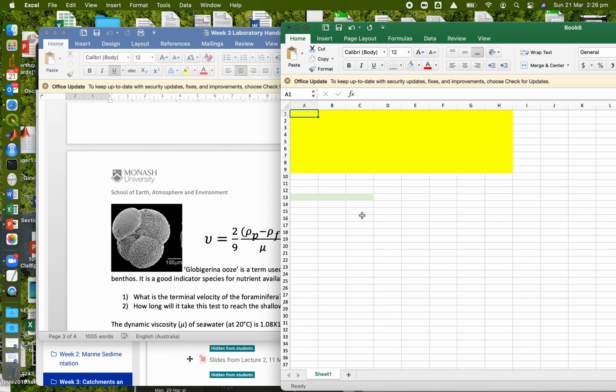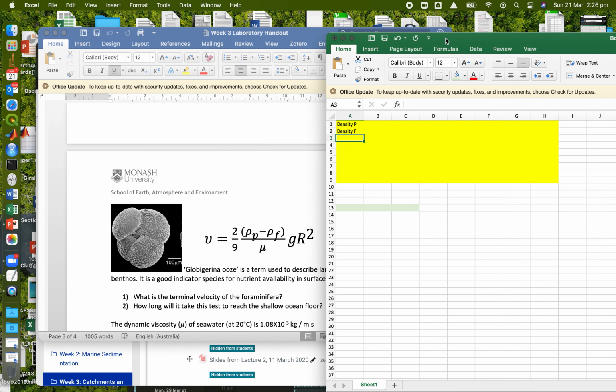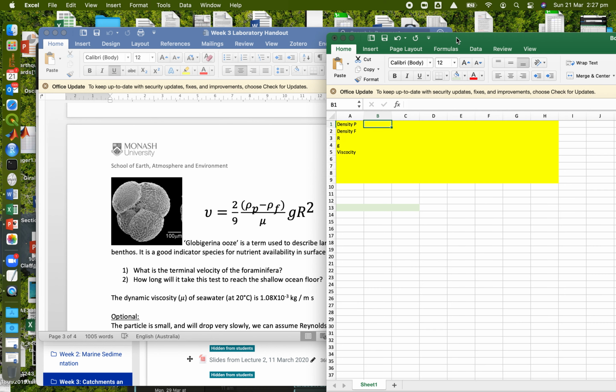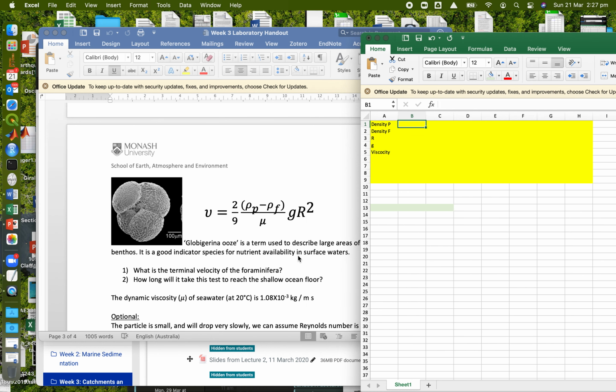So first of all, what do I need? I need the density of the particle, the density of the fluid. I need to know the radius. I need to know g. I need to know mu, viscosity. So the density, let's find all this information here.